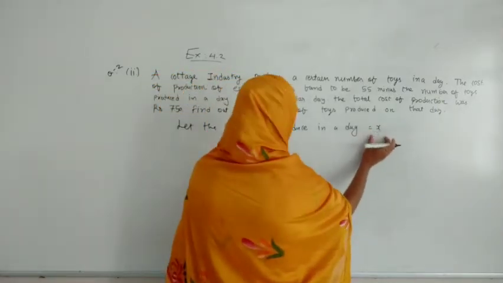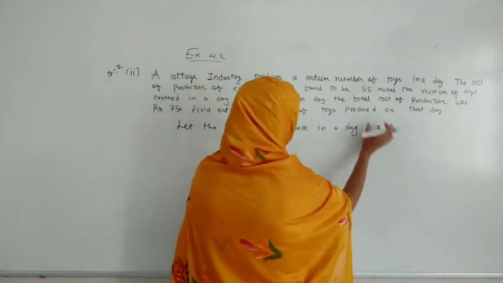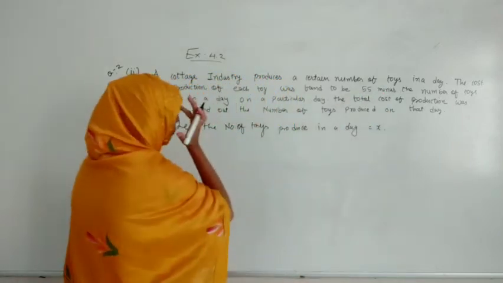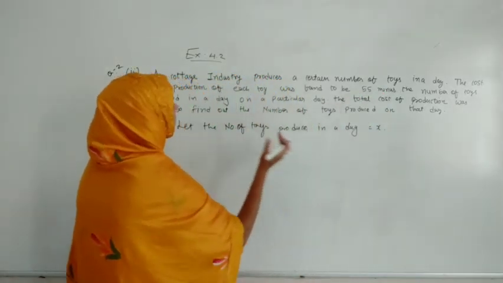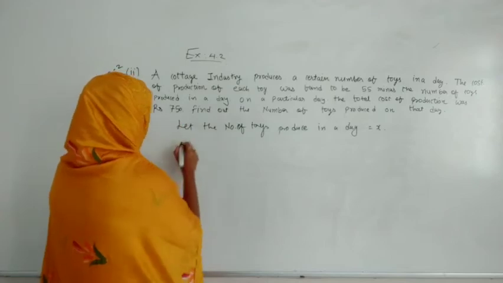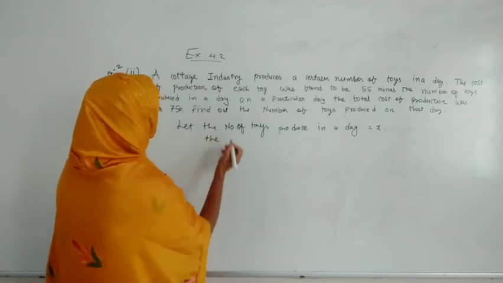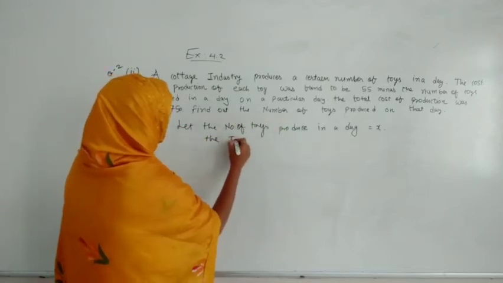So the number of toys produced is x, and we need 55 minus the number of toys.